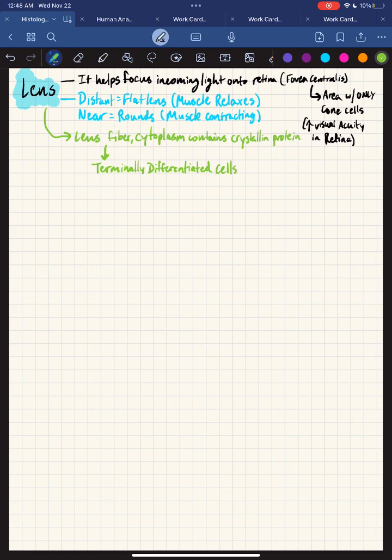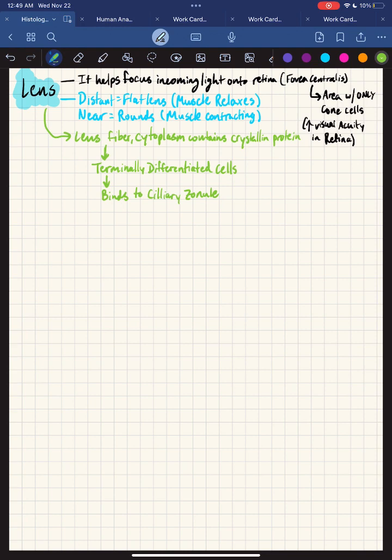And these cells are the ones that actually bind to the ciliary zonule. So they play a big part in the attachment of the ciliary muscle to the lens. So it's all one big system that's working together.